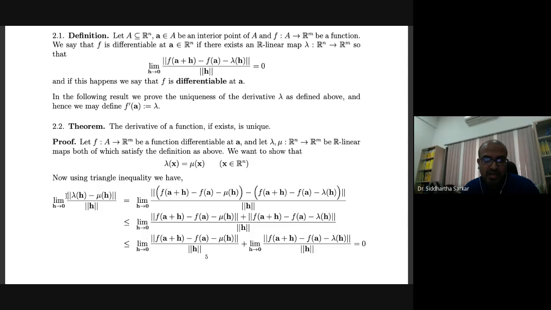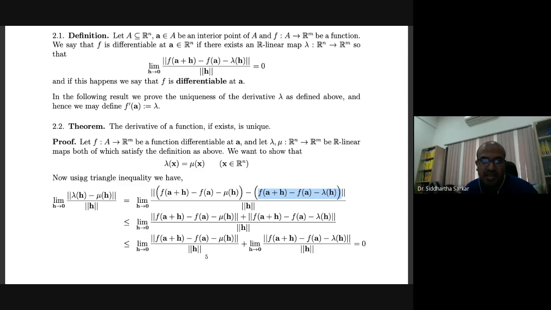So you take the particular expression lambda h minus mu h and divide it by the norm of h and consider the limit of that. Instead of paying attention to the limit, you just try to pay attention to what happens inside. So in the numerator, I can adjust it by introducing this extra factor f(a+h) minus f(a). Because mu h was minus, I'll just put it in the first, and then I adjust it with minus lambda h over here.